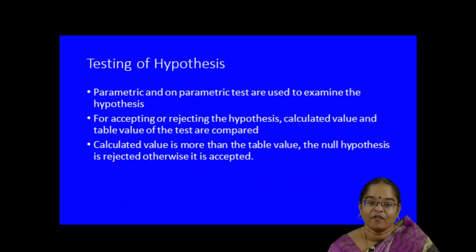And now, testing of hypothesis. In order to test the hypothesis, a lot of statistical techniques are available. Parametric tests, that is t-test, F-test, ANOVA, z-test, and non-parametric tests, meaning chi-square test, Mann-Whitney test, Kendall test, Kruskal-Wallis test; a lot of tests are there.